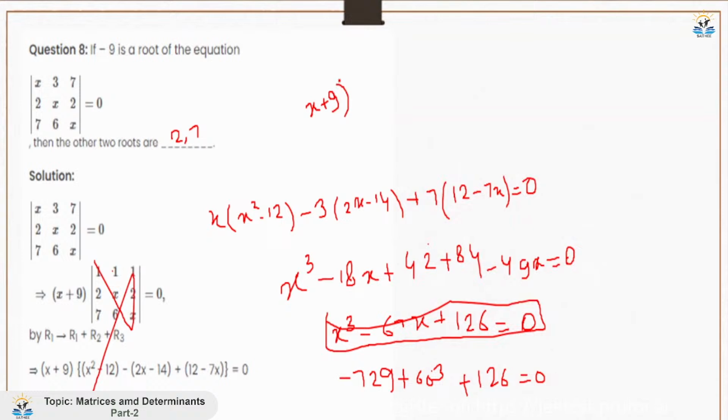Okay. So just now divide this equation by x plus 9, which is my divisor, divided into x cube minus 67x plus 126. So you can simply write x square, then x cube plus 9x square.